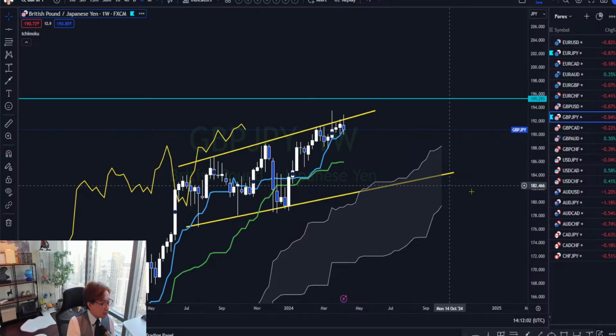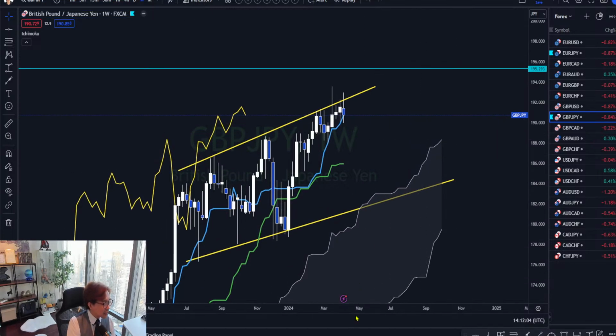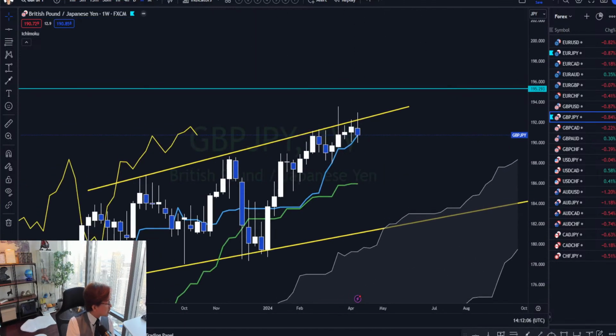And if you compare the angles of the resistance level and also the Tenkan Sen, the angle is much steeper than the yellow trend line. So this is showing that the buying pressure is bigger than the channel. So that means this week the market may break the channel and continue bullish.